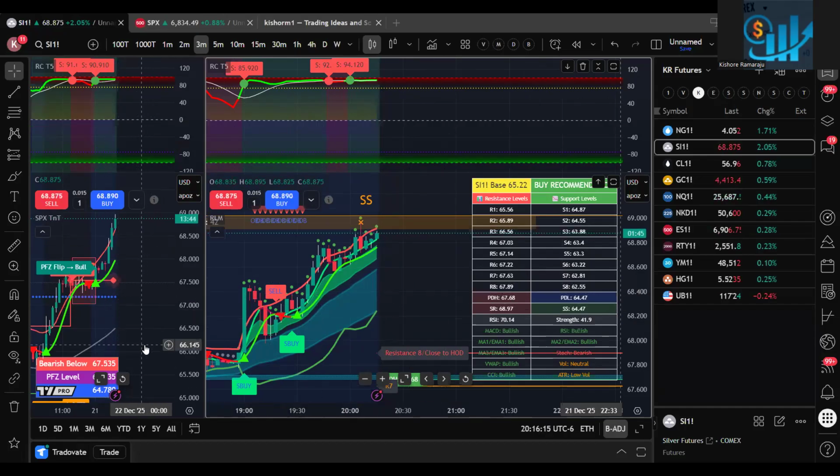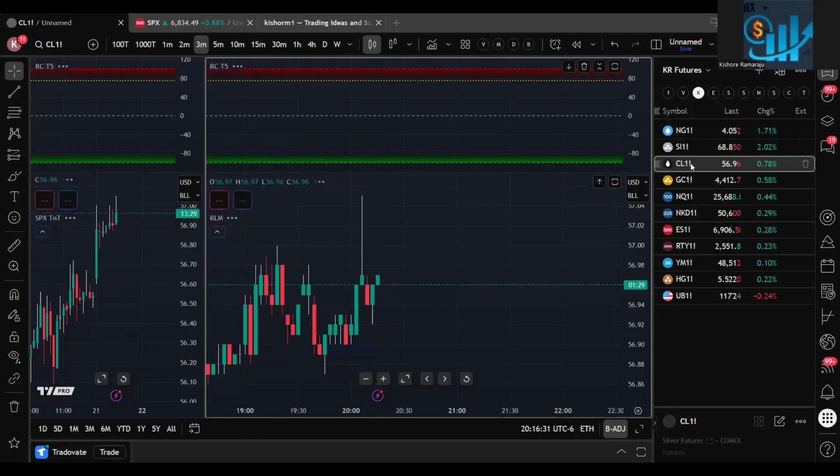But once you understand that, then you can just focus on this one. If this says buy recommendation, then I'll only look for the buy opportunities. If this table says sell recommendation, then you only look at the sell opportunities. So let us look at crude oil.